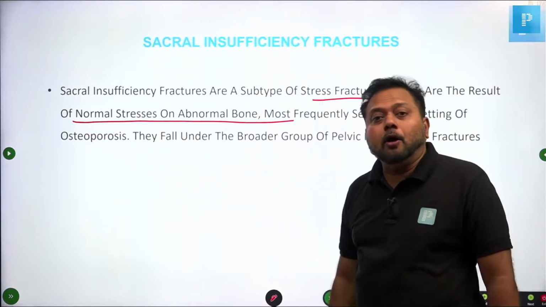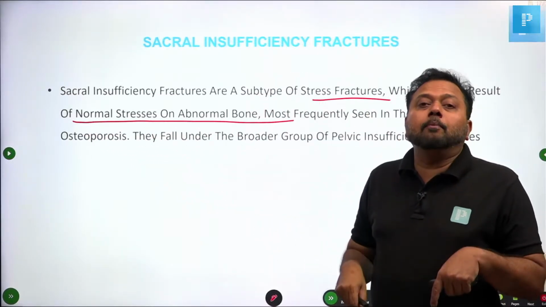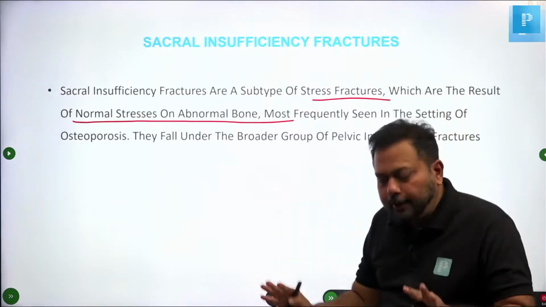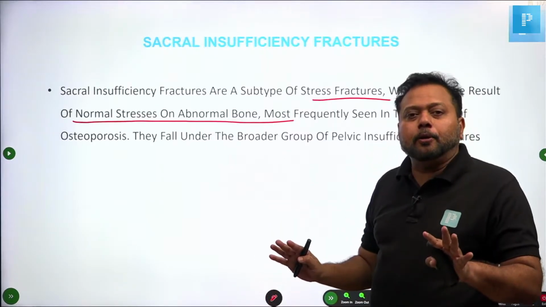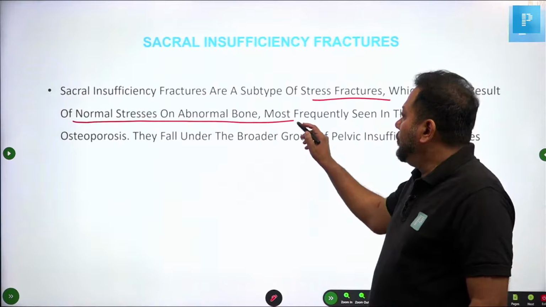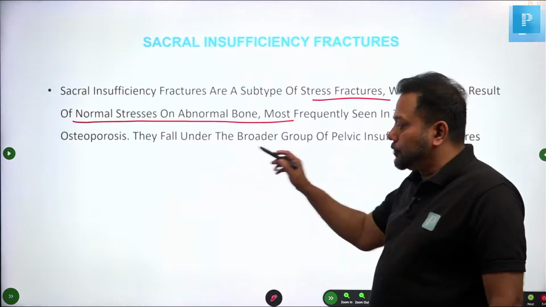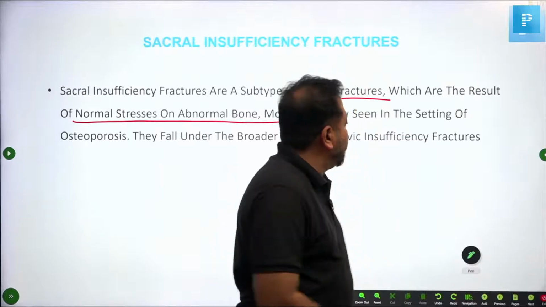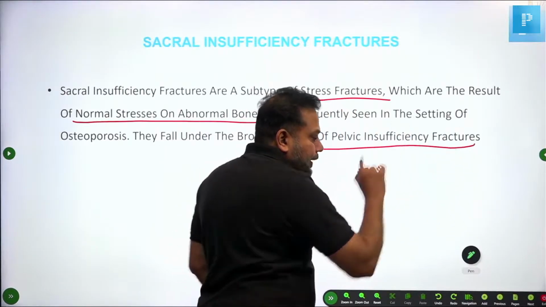What abnormal bone? Osteoporotic bone. A patient sitting suddenly, who is osteoporotic, can develop that. Most frequently seen in the setting of osteoporosis, they fall under the broader group of pelvic insufficiency fractures.